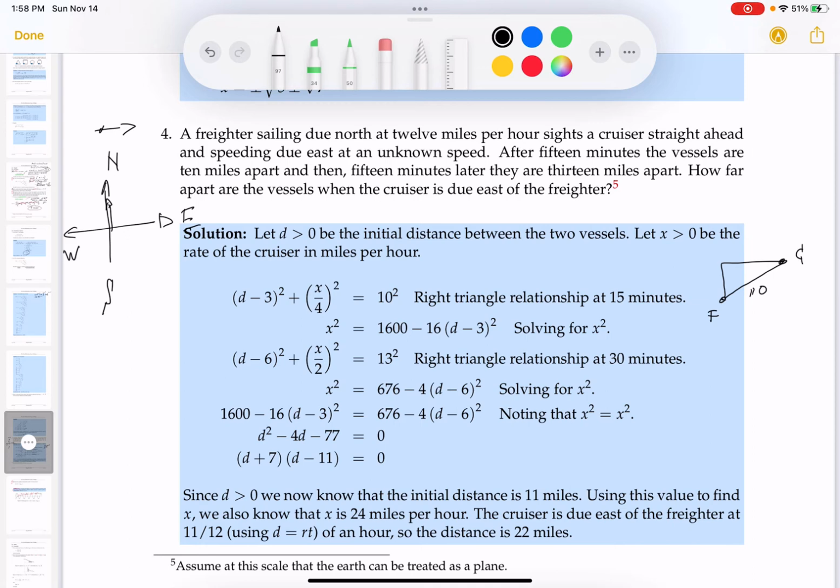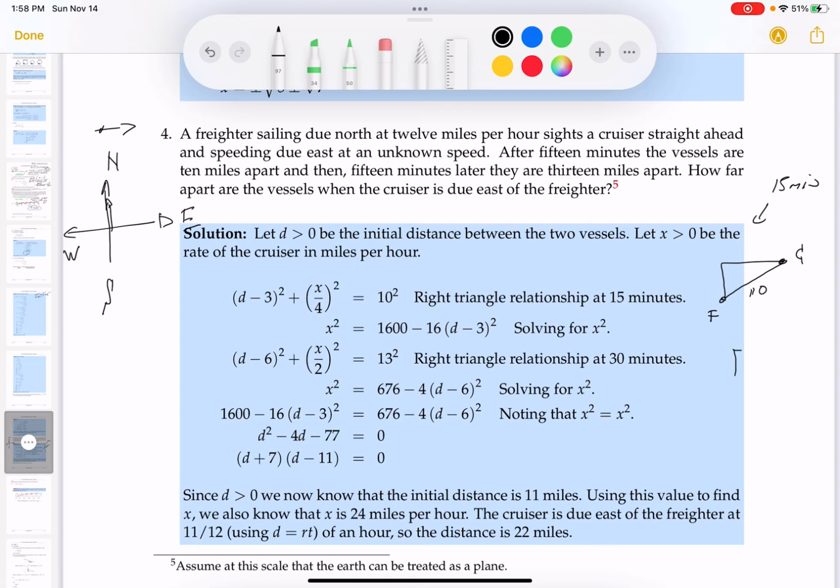After 15 minutes, the vessels are 10 miles apart. So this is at 15 minutes. All right? And then it says 15 minutes later, they're 13 miles apart.